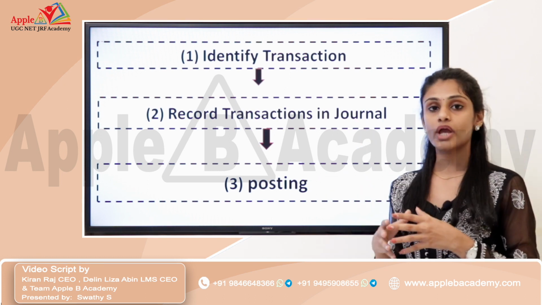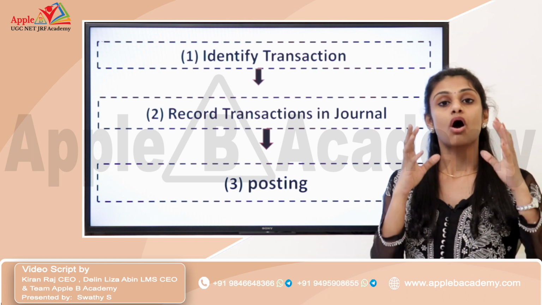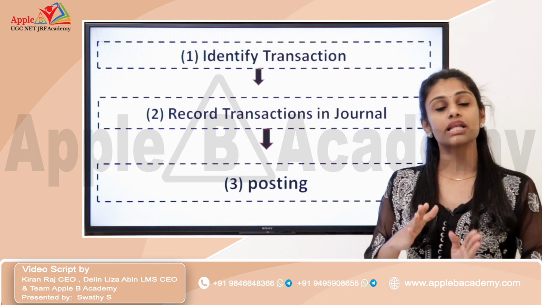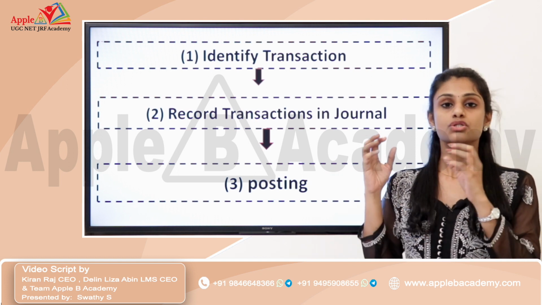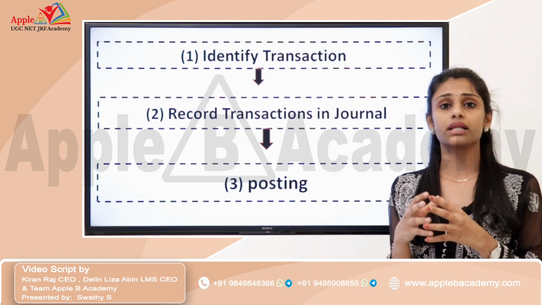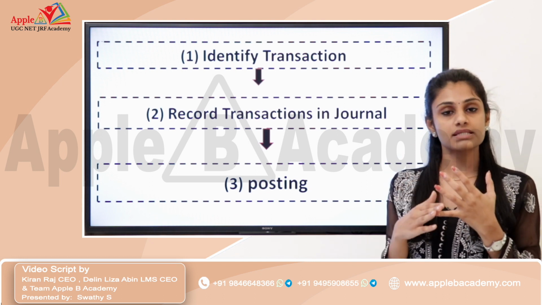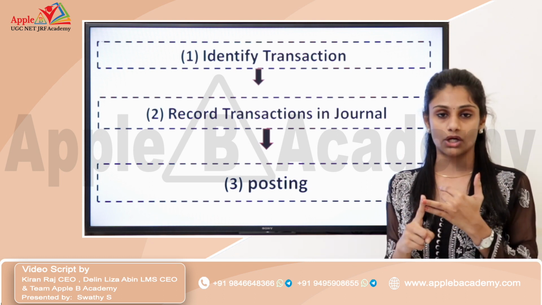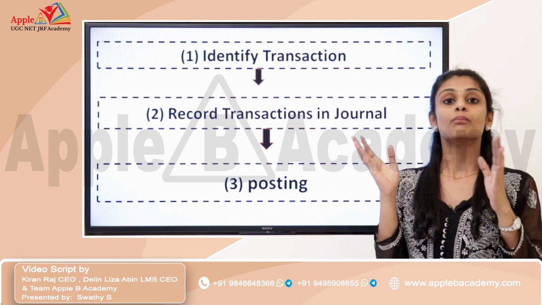After that, you have to transfer these transactions or journal entries from the journal to the ledger. In the case of journalization, you can see two accounts, like in our example, the cash account and the capital account. So you have to post these items to both these ledgers.